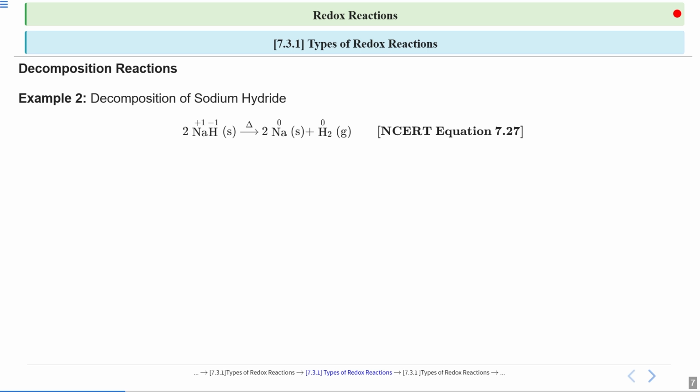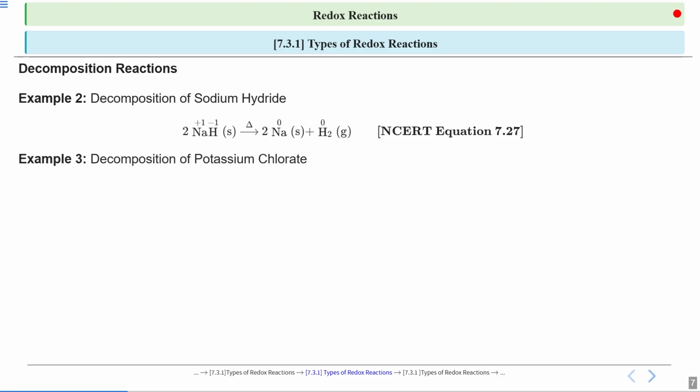Again, in the reactant, hydrogen has -1 oxidation state, while in the product it has 0. That means there is a change in oxidation number, which means that electron transfer has taken place. This is NCERT equation 7.27.